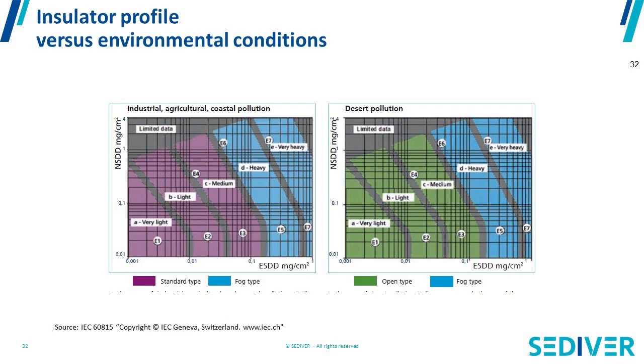You will see in our catalogs graphs like this. If you remember my ESDD and NSDD definition, you have here graphs where the horizontal axis is ESDD, the vertical is NSDD. Both numbers combined together are going to define if I have a pollution that is mild, medium, severe, and based on experience, we're going to offer one given shape of insulator more than another one, and a certain leakage distance for certain conditions.